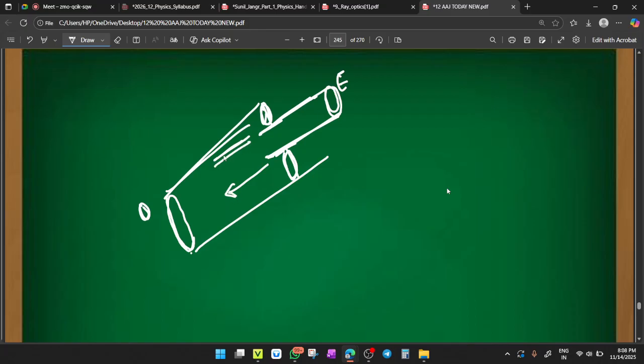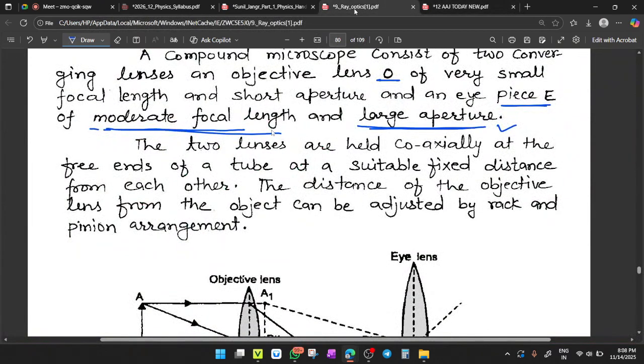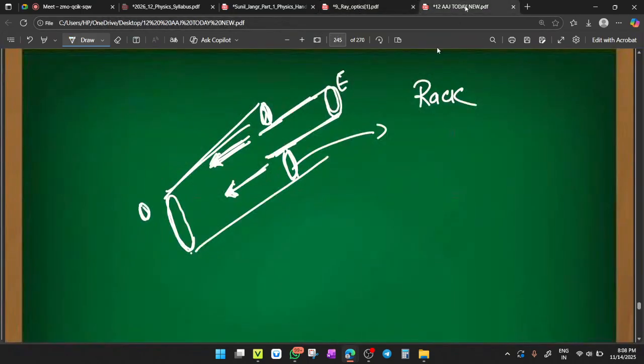Yes or no? Have you moved it during your experiment? So this is called the rack and pinion arrangement. Only the name is important. It means the arrangement by which you can move one tube over or under the other.